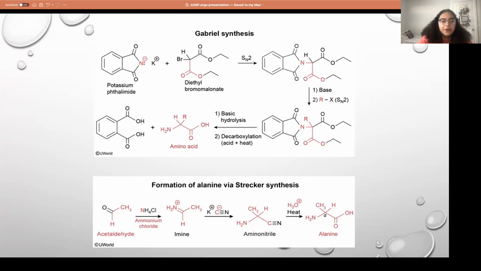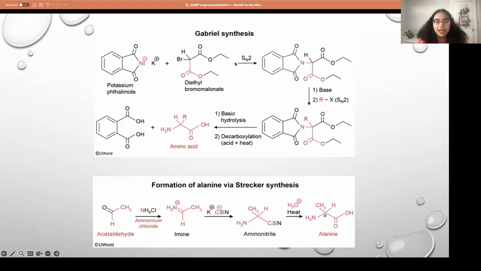I think the photos here basically show it, but a Gabriel synthesis will generate an amino acid based on the substances we have there. One is potassium phthalimide, I think it's pronounced, and a diethyl bromomalonate. I'm not very good with pronouncing these. I've only listed them on paper. And then an alkyl halide.